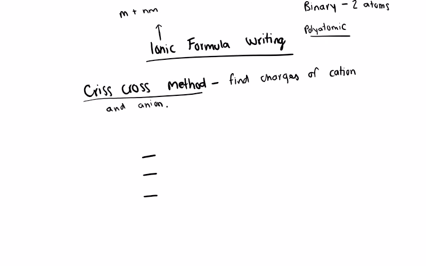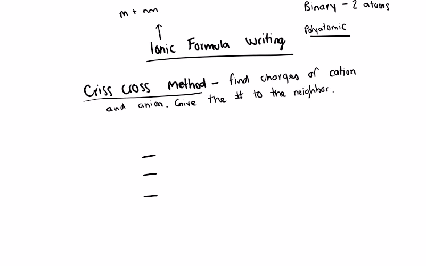Okay, then we're never going to write a sign, the positive or negative sign, within the molecule or within the atom. But you find the charges of the cation and anion, and then you... I always say give the number to the neighbor, and I'm going to show that to you and it'll make a little bit more sense.